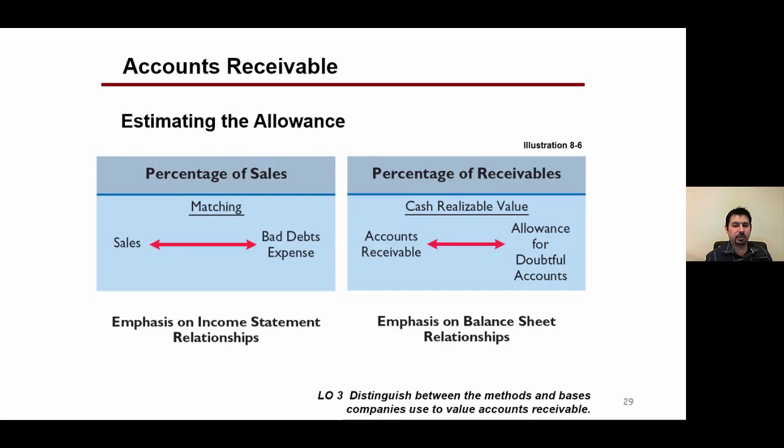Here the idea is that, based on previous history, 5% of the balance in accounts receivable at the end of the year will be uncollected, and as a result the allowance for doubtful accounts will be 5% of the accounts receivable. Both methods are acceptable under US GAAP, and companies can choose either one based on their own judgment. So let's see how each one will work.